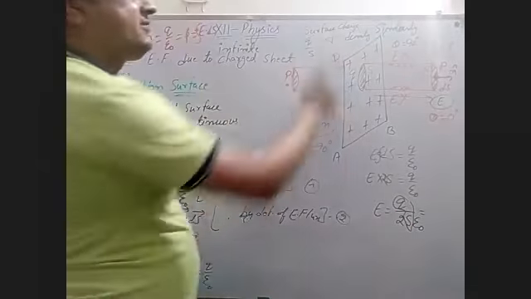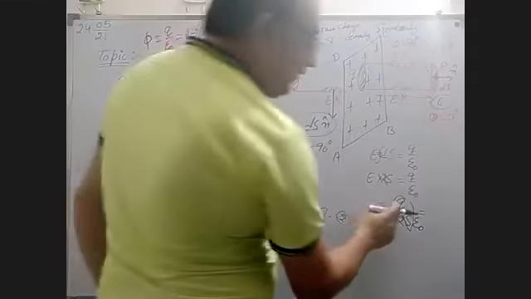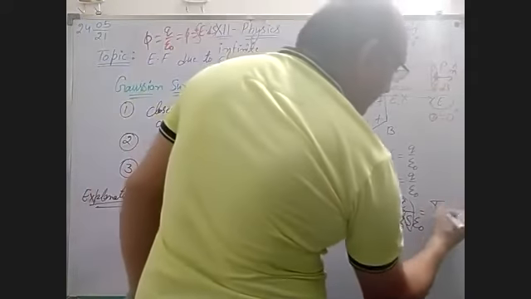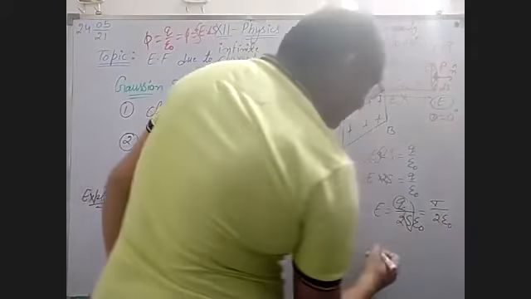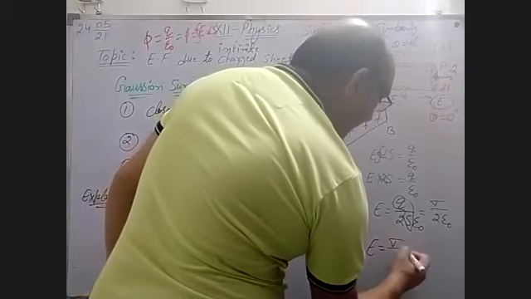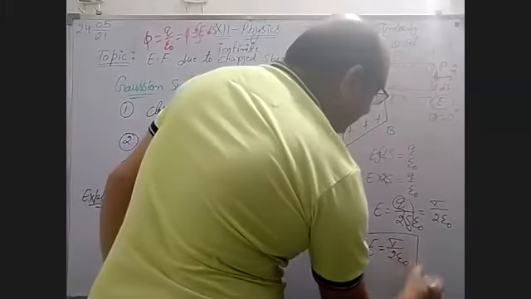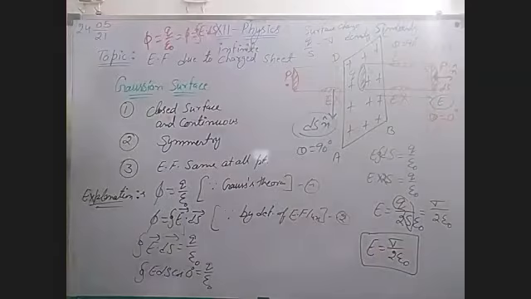Charge upon area is equal to surface charge density, sigma. So this is the relation for calculating the electric field in case of an infinite plane charged sheet. Okay, no doubt here. Now let us take a numerical for this.